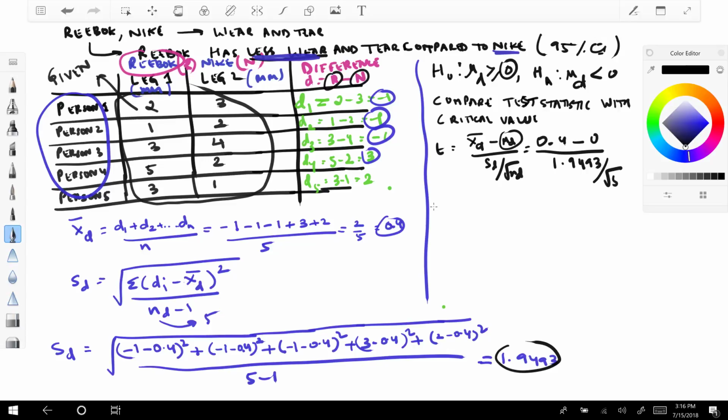So the T value which we will get if we calculate this is 0.4588.